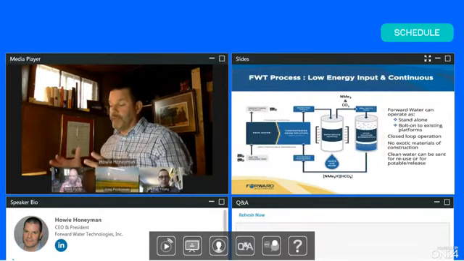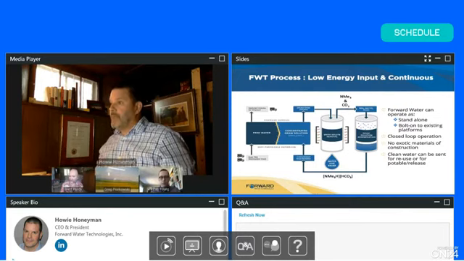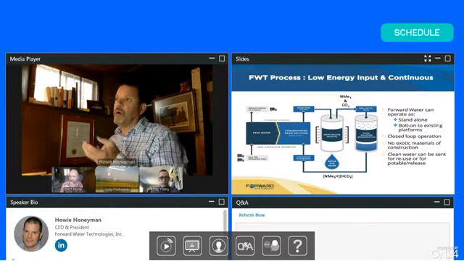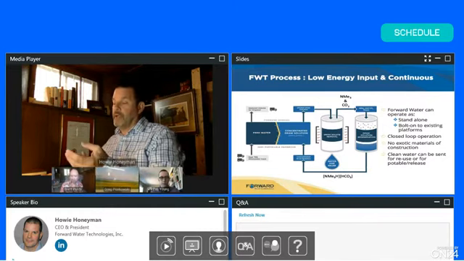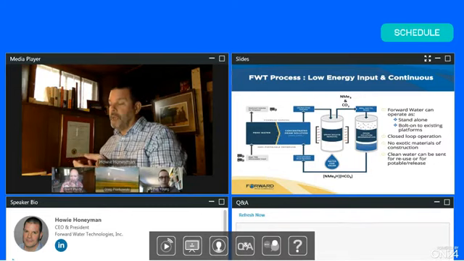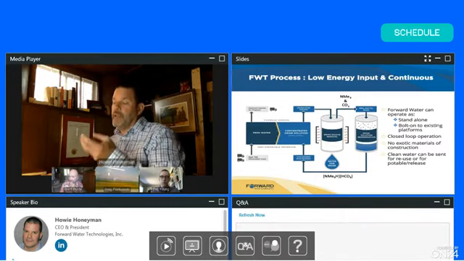How does it work? Just so everybody has a little bit of an understanding: we take feed wastewater, high total dissolved salt wastewater, a 5% or higher salt-containing waste stream. We put that in contact with the membrane, and that membrane is selective, only allowing water to cross through.